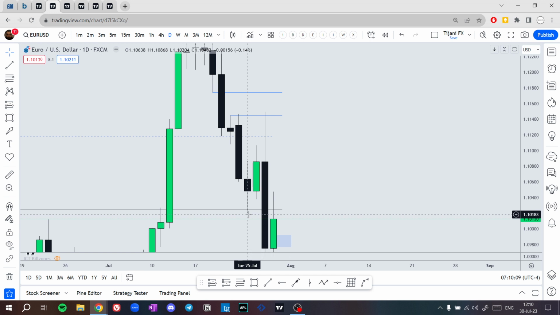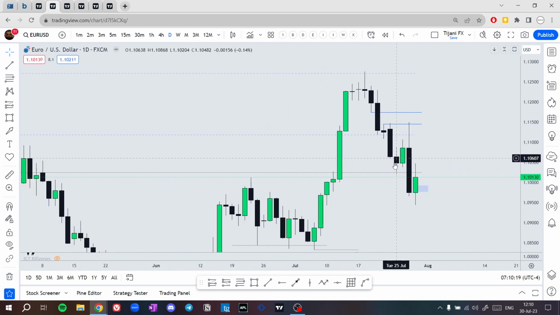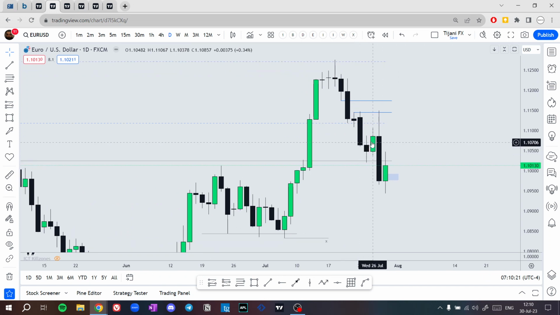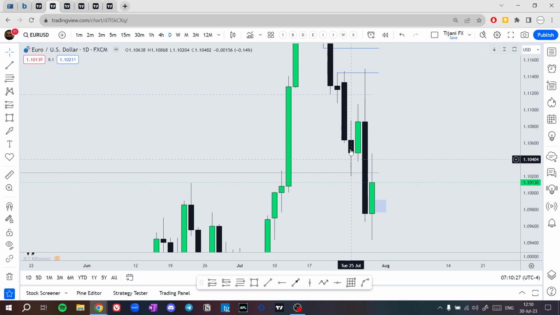Then on Tuesday we see that this price has closed as a bullish contraction candle. Even if it is a black candle, or maybe a red candle, it's still a bullish candle. It is a contraction bullish candle because it contracted, and how the price has closed, it is showing bullishness.